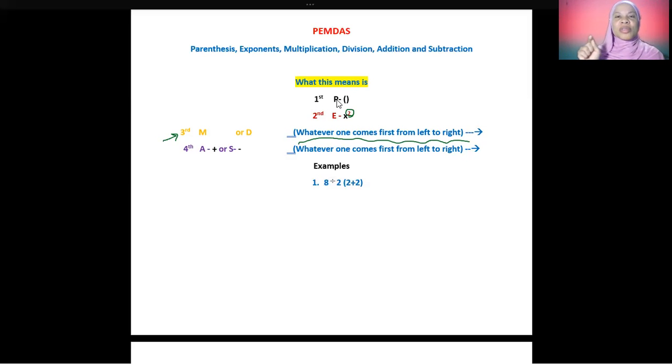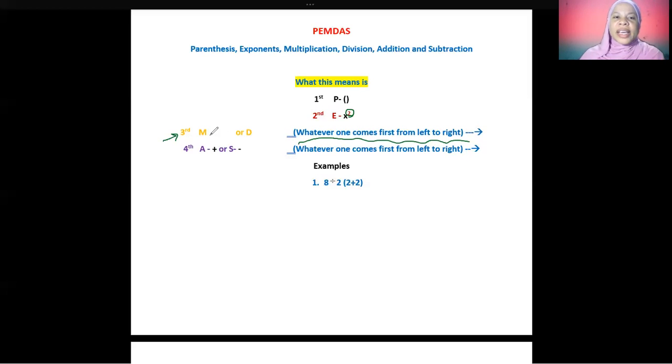If you hit division first, you do division first. Then if you come across multiplication, you do multiplication. You always do the one that you hit first. So you don't necessarily follow the order of PEMDAS, because multiplication and division are on the same level. You have to figure out which one comes first, and that's the operation you tackle first.